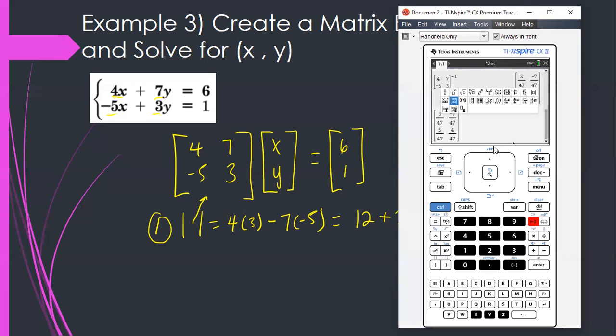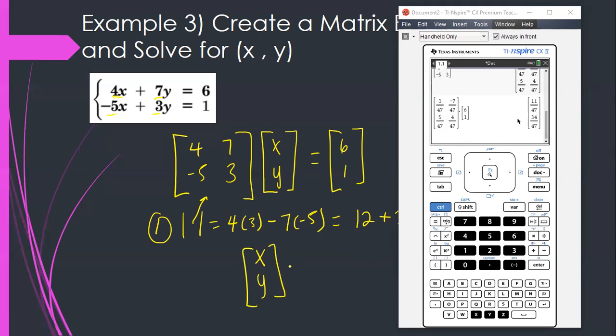So we have our constants, and we have 6, 1, enter. And that is our solution. Fractions are our friends. They are real answers. They count. They matter. So we have x, y equals 11/47 and 34/47.